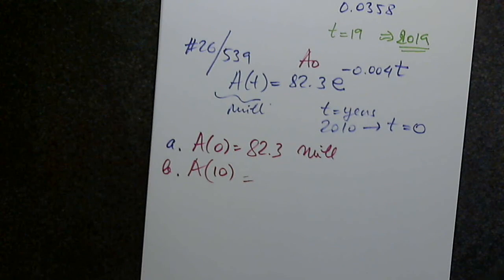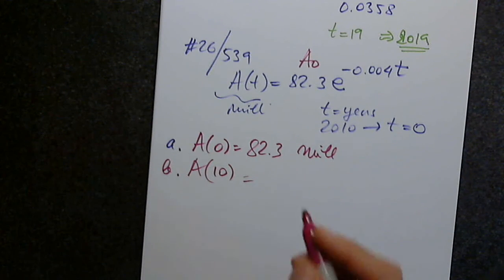Let's plug it in. 82.3 times e, in parentheses, what do I write? Negative 0.004 times 10, close the parenthesis, and I get 79 million.